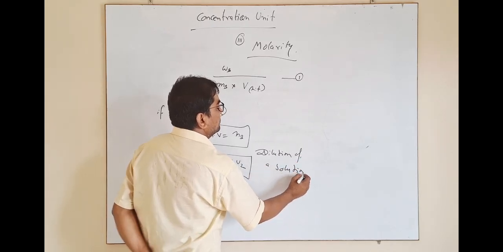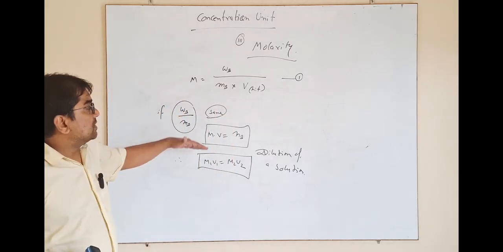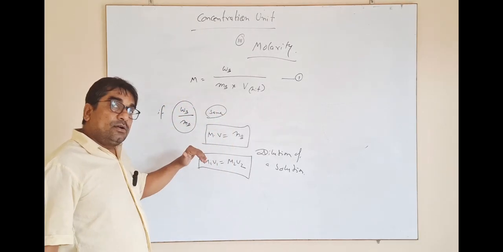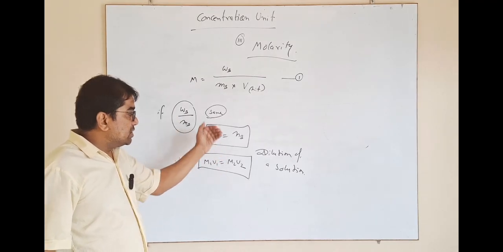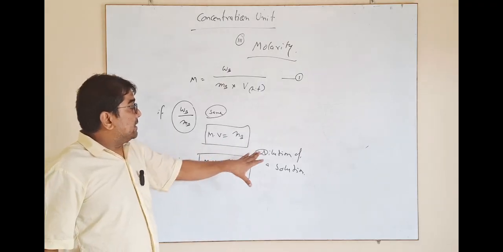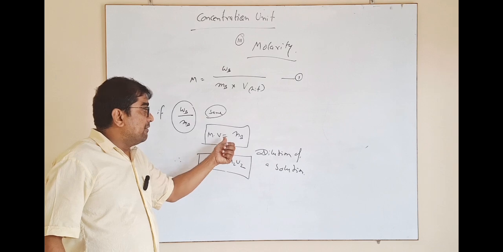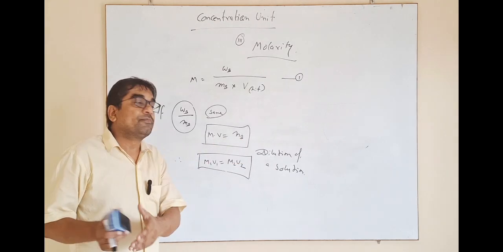What does it mean? Suppose in a given solution certain moles of solute are present. If we add some additional amount of solvent, then the solution gets diluted, although the number of moles of solute will be the same as before.